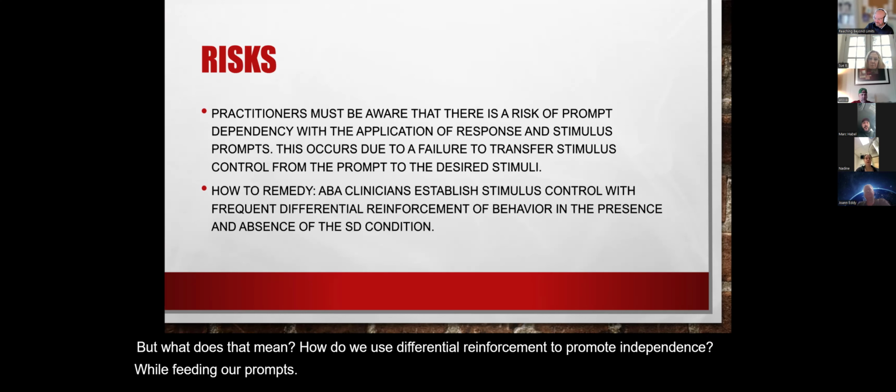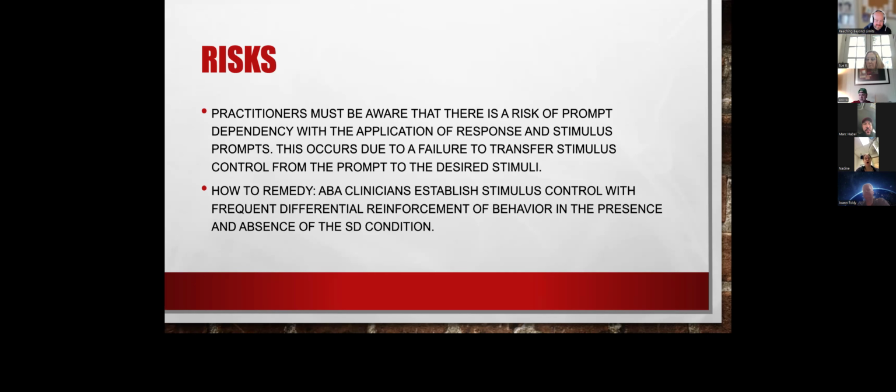You would use a higher reinforcement for behavior. Like if you're able to provide a lesser prompt, then you would increase your reinforcement, whereas if you have to do hand over hand, you would have less reinforcement after the behavior. Yeah, that's totally correct.